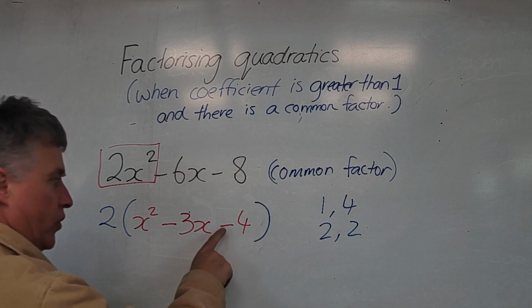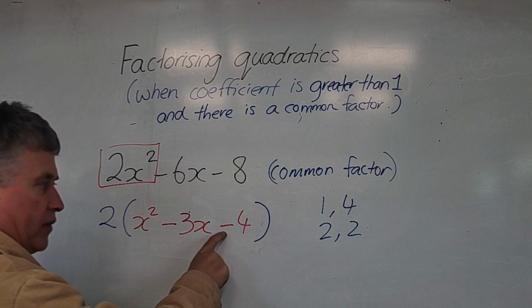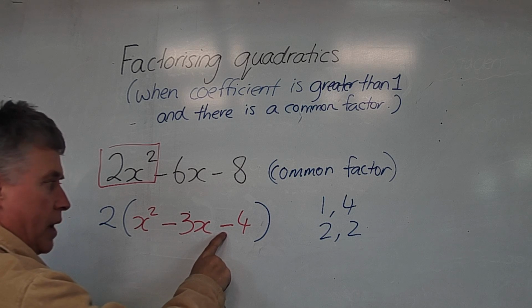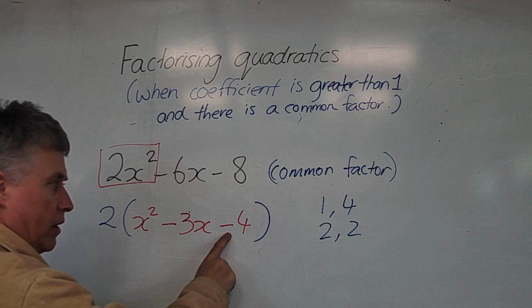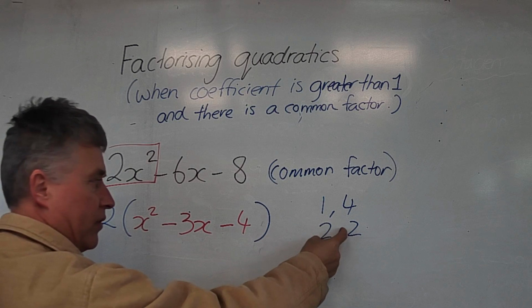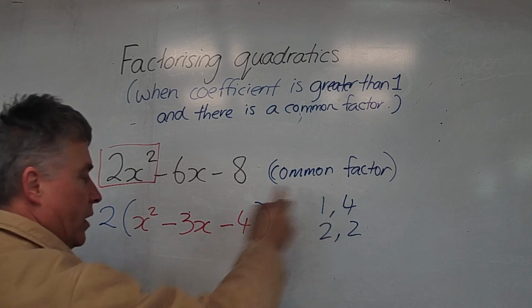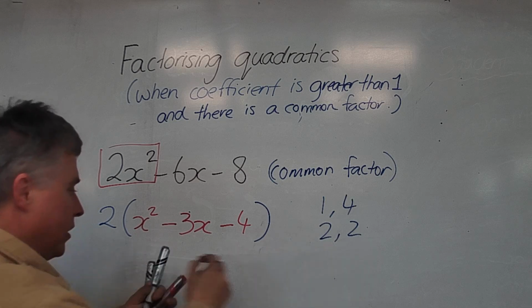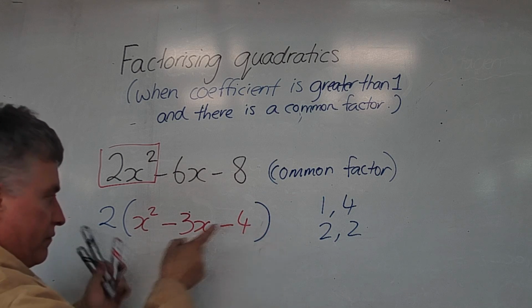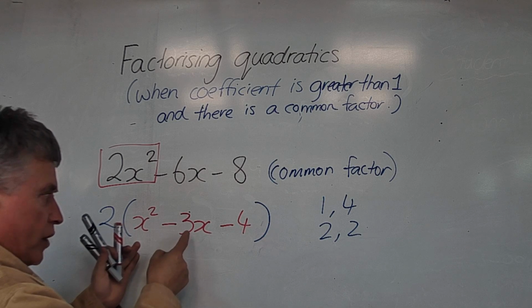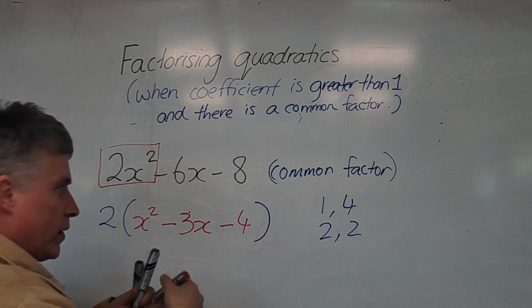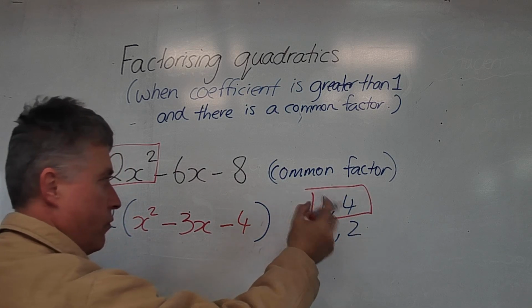Okay, and now that sign there is telling me that one of them has to be a plus and a minus. Once I've got that, I'm looking, down there, for the number that I can add or subtract to get that number. So this one here will obviously be it, 1 and 4.